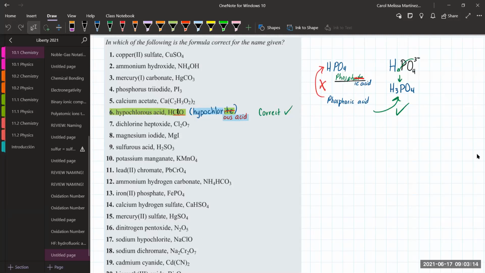Let's see if we have more acids. The next acid that we have in our list is the number 9. It says sulfurous acid. Is the name correct? SO3. What is the name of SO3? Sulfite.